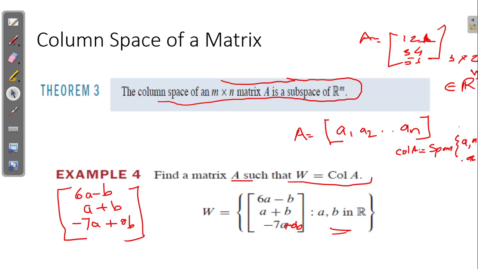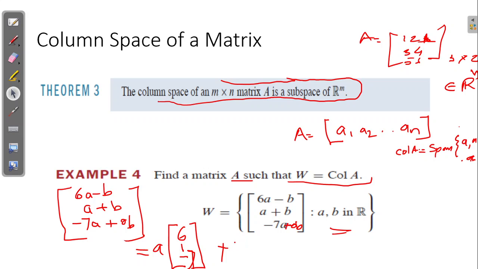Now I'm going to take this a and b outside, and this will be equal to a into... First I will write the coefficients of a. In the first entry, we have the coefficient of a as 6. For the second entry we have the coefficient 1, and for the third entry we have the coefficient minus 7, right?